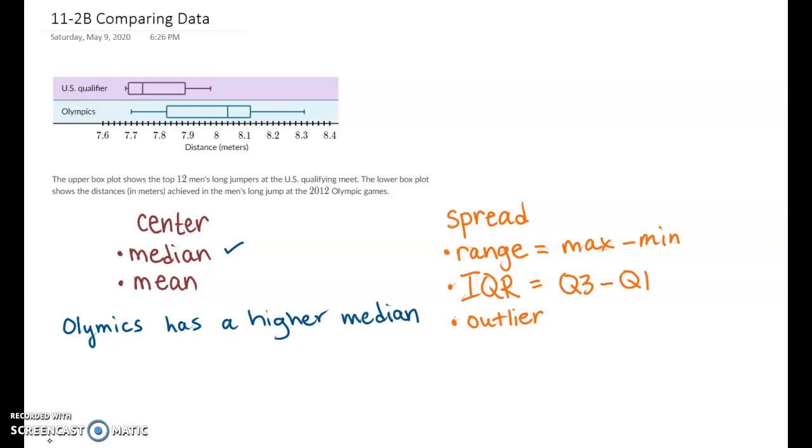which makes sense. These are only people who are trying to qualify for the Olympics, and these are the ones who made it. So the Olympics has a higher median distance, and it's not only higher, it's quite a bit higher.